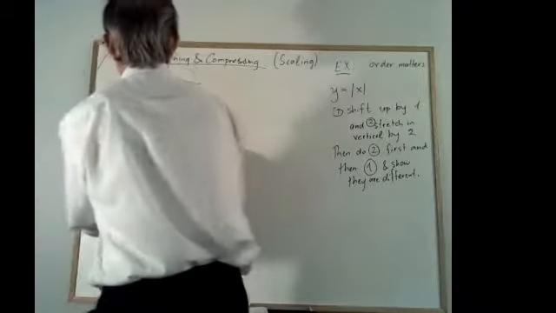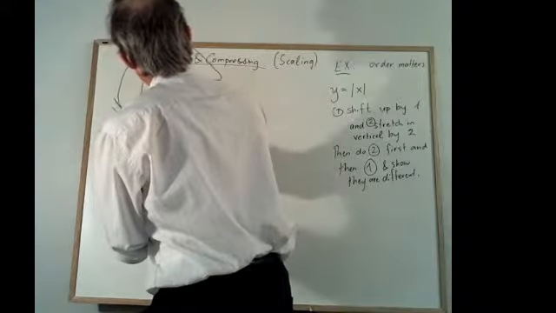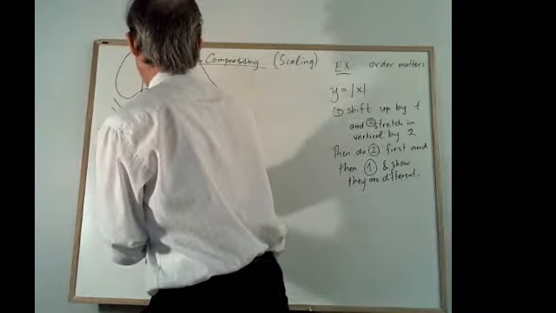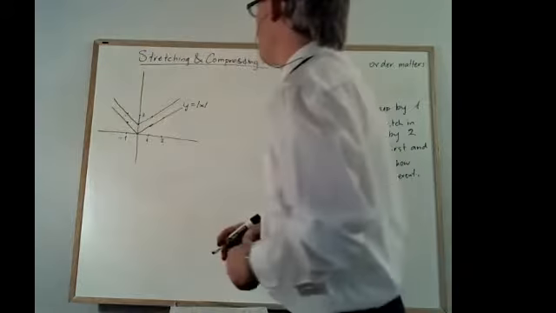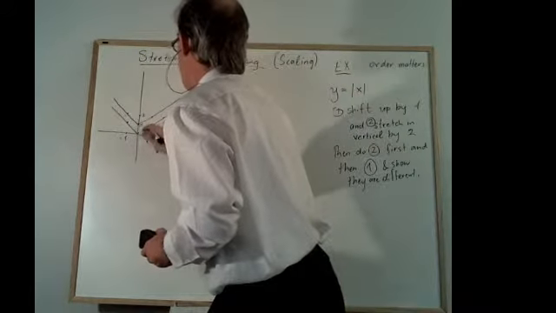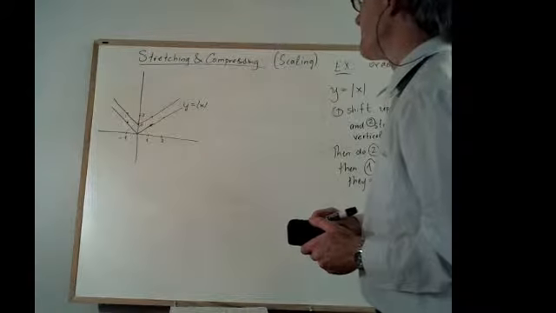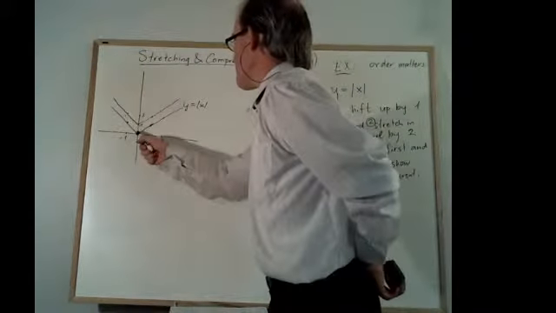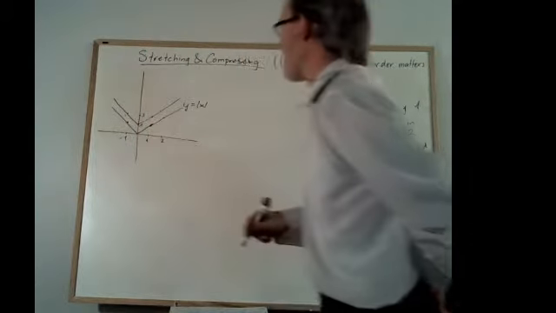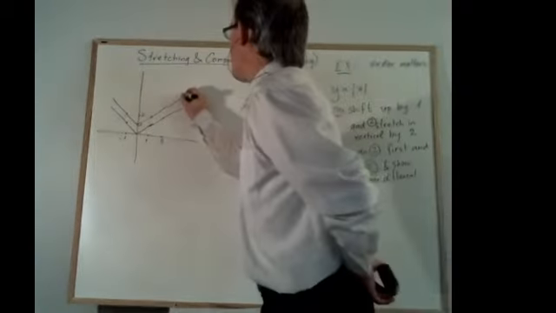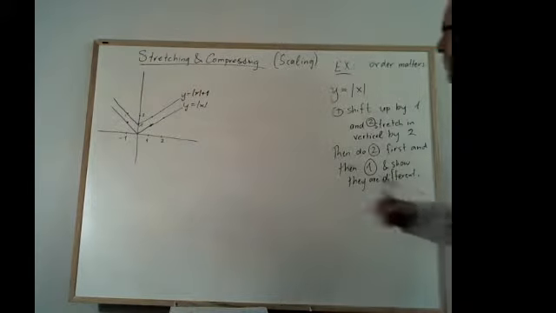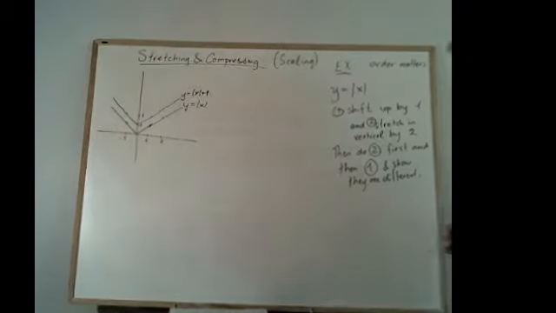Okay, so this is 1. This is 2. This is 0, 0, 1, 1, and this gets shifted to 0, 1, 1, 2. Right, so that's the new function. So I get it by adding 1 to all the y values of the old function.